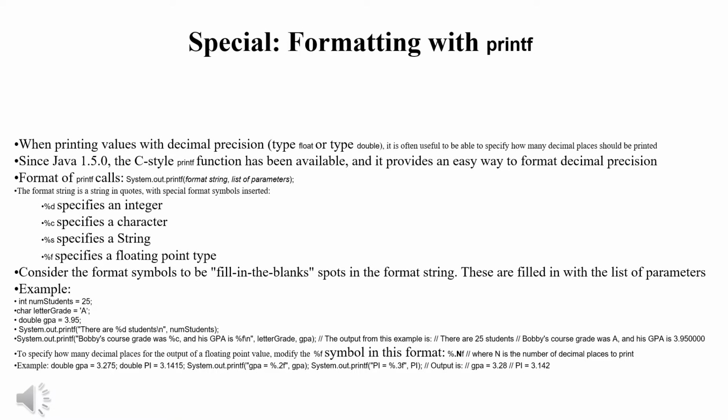So the value of this variable will be between are and students. Since this variable is integer, I need to use %d. So there are %d students. And then I have the name of that variable, number of students.